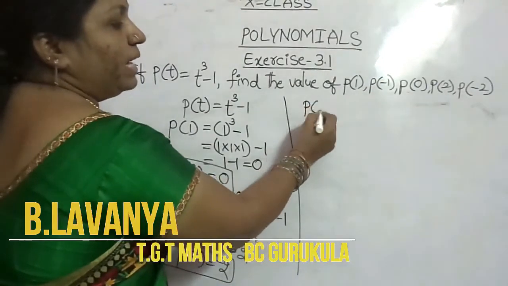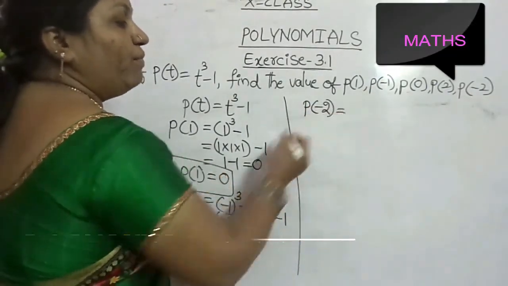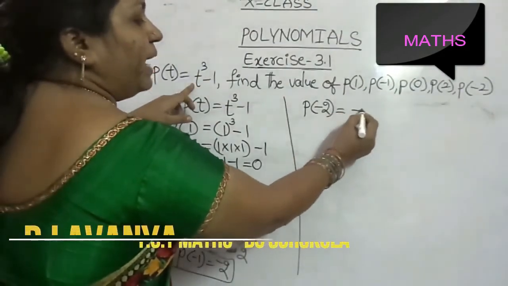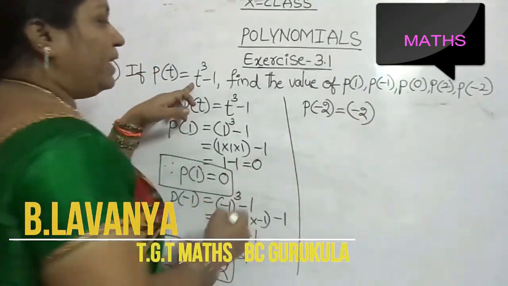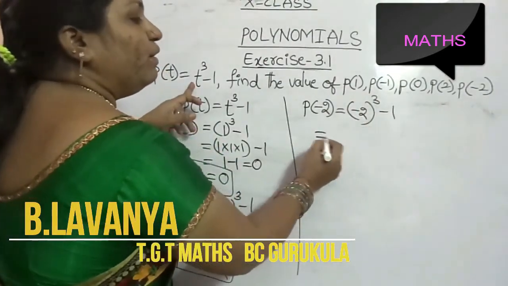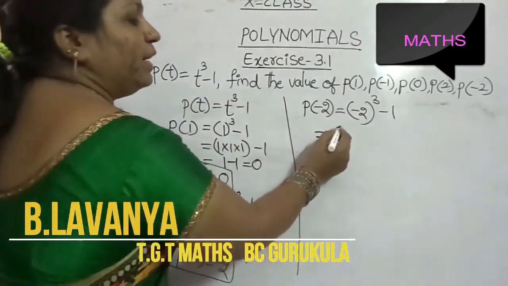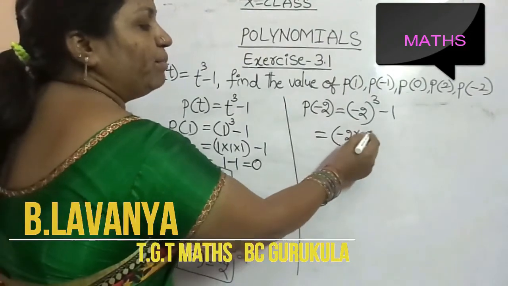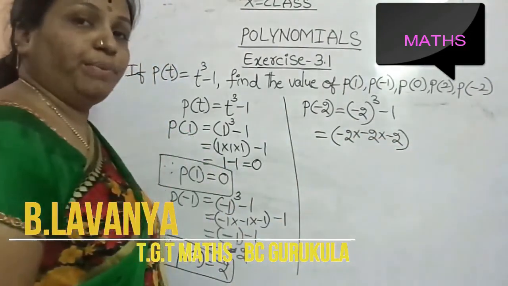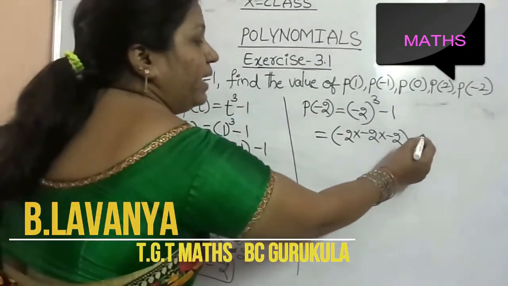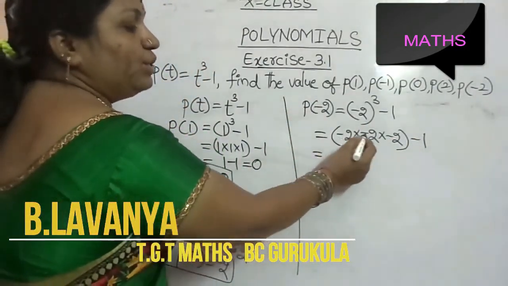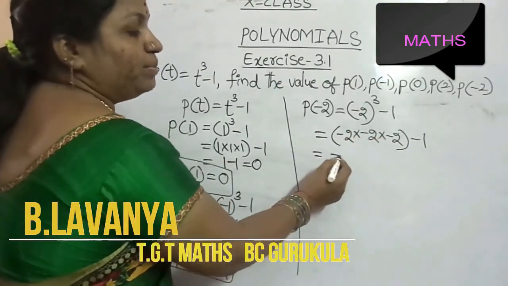Another problem, the last problem I am explaining, p of minus 2. In the place of t I am substituting minus 2 whole cube minus 1. Minus 2 whole cube means we have to multiply minus 2 three times: minus 2 into minus 2 into minus 2. Again minus 1 we have in the polynomial, write it down as it is. Minus into minus is plus, plus into minus is minus.